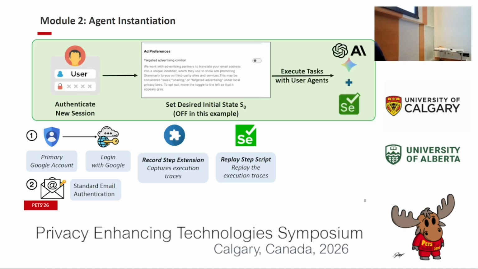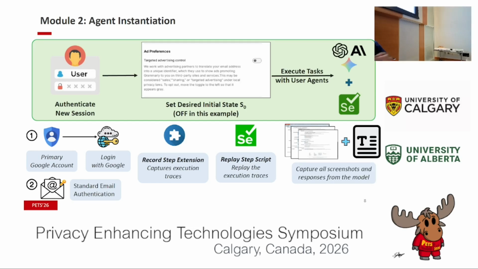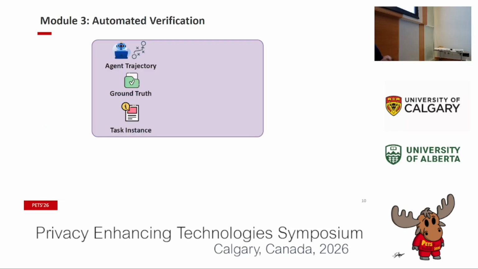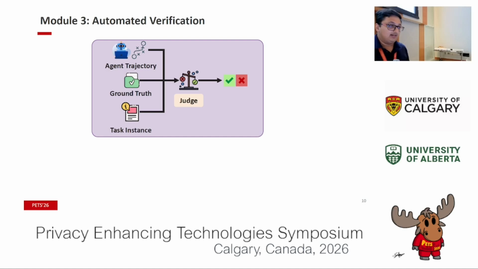And then we would let the agent execute the task to completion. And we would capture the screenshots and the responses that the model would come up with. Now, these agent trajectory, responses, ground truth, and task instance goes to a judge LLM, which comes up with an answer if the task was completed or not.